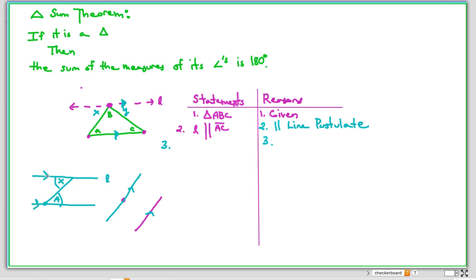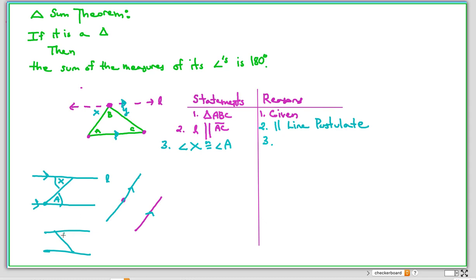So these two lines are parallel. L and AC are parallel to each other. This is AC, this is L. You should notice that X and A are alternate interior angles. So I have X is congruent to angle A. And if I draw this again, but this time I draw BC, BC looks like this.